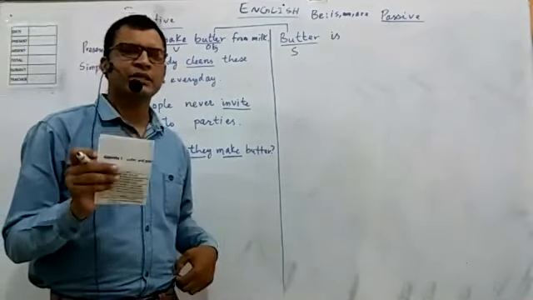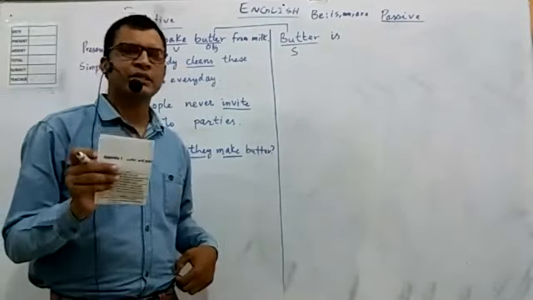If you study books that are written by Oxford University Press or Cambridge University Press or some other international publisher, you will find that normally they do not use the doer or the agent in the end. If it is really important, then they go for the agent. Otherwise, they just stop the sentence, butter is made from milk, and that's it. The sentence is done.